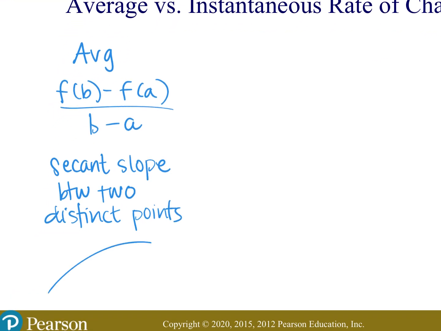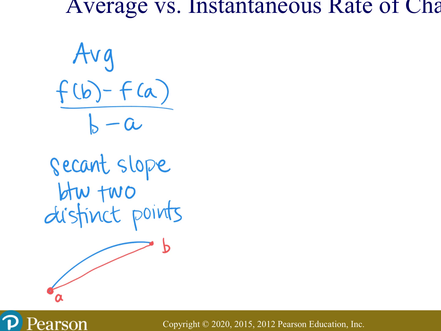Just draw some kind of curve and go from point A to point B and connect the secant between the two. That's a secant slope. It goes from one to the other. It's not curved. It doesn't follow the curve. It just connects one to the other.